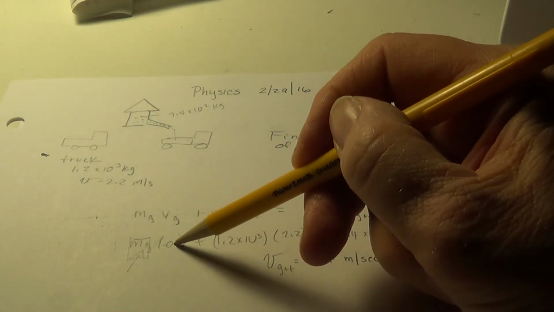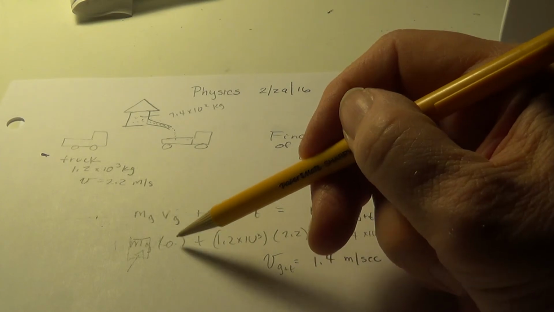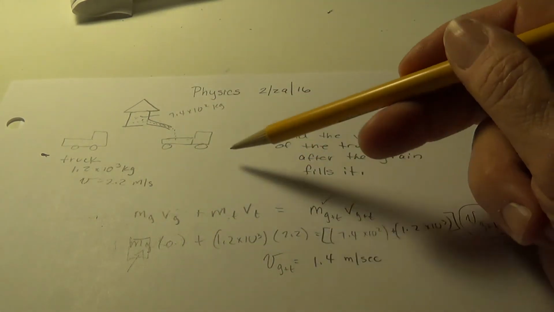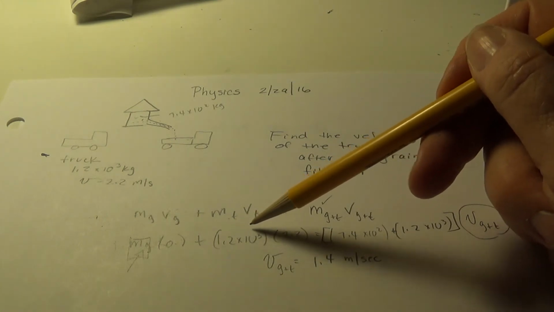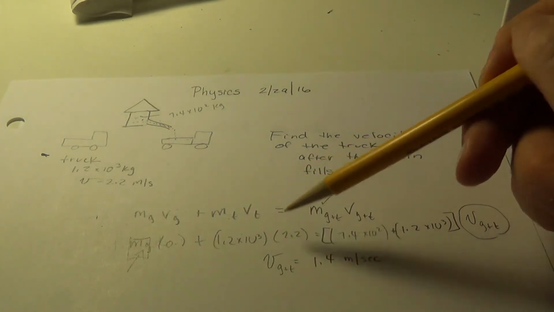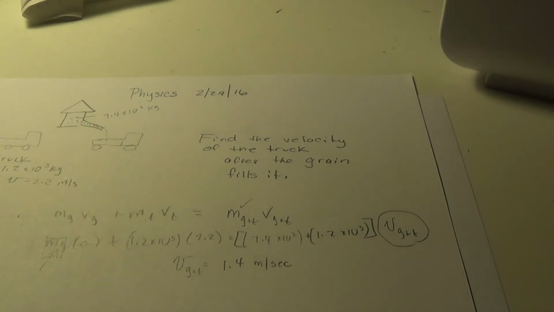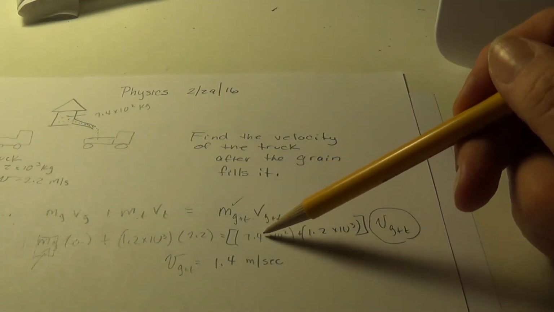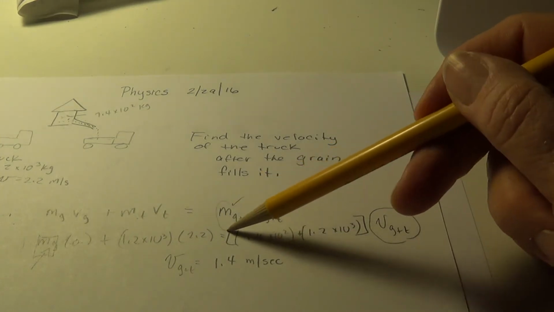The velocity of the grain in the beginning is 0. It's just sitting in its little hopper. Then it falls into the truck, and then we would know the mass of the truck and the velocity of the truck in the beginning. Then we would know the mass of the truck, but we wouldn't know the mass of the grain.